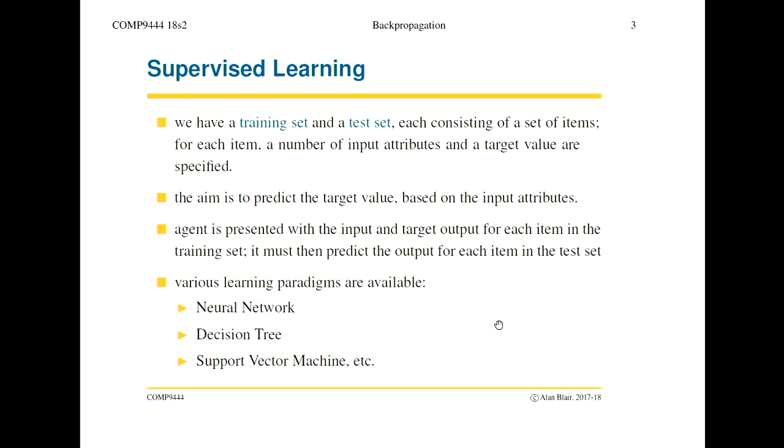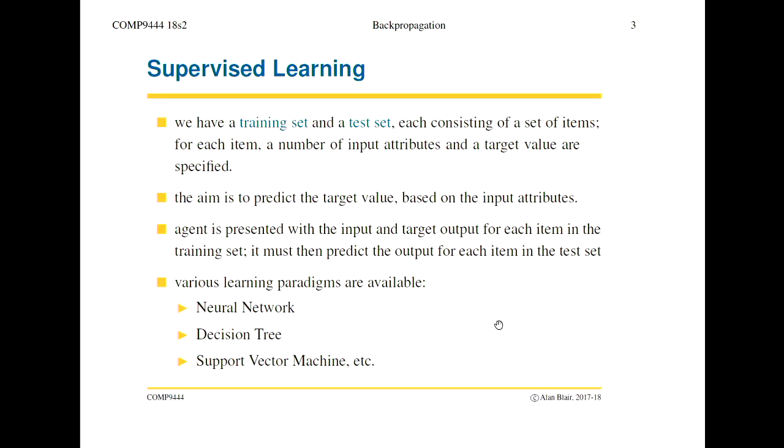Okay, so with supervised learning, we have a training set and a test set, each consisting of a set of items. And the input, traditionally, was presented as a set of numbers that are sometimes called input features, and the target is either a value or sometimes a multi-dimensional value.